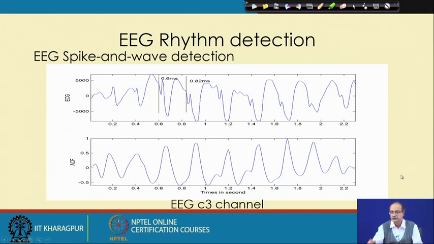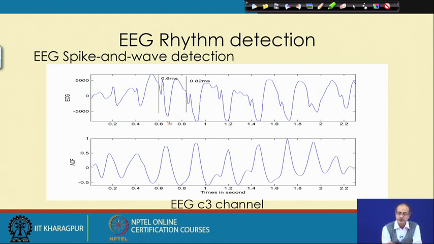We know that waves are known by their shape, so we have taken that and demarcated its boundary manually. While demarcating the boundary, we need to keep in mind that a spike and wave, as per the description, should contain one spike followed by a smooth, low frequency wave.